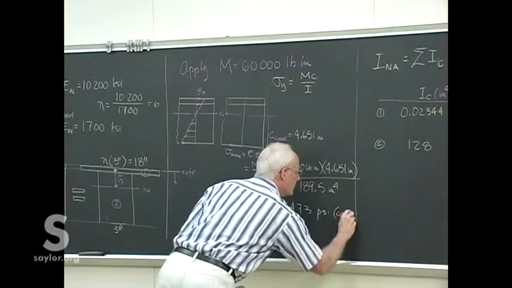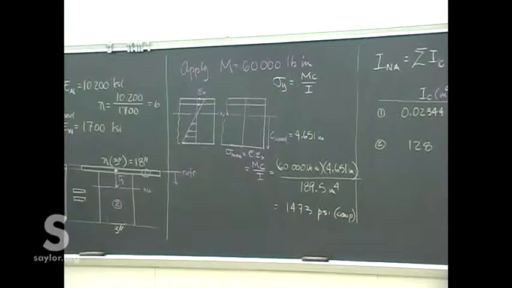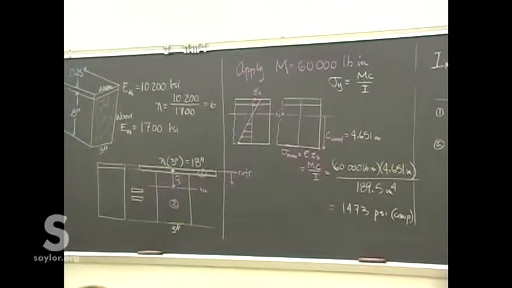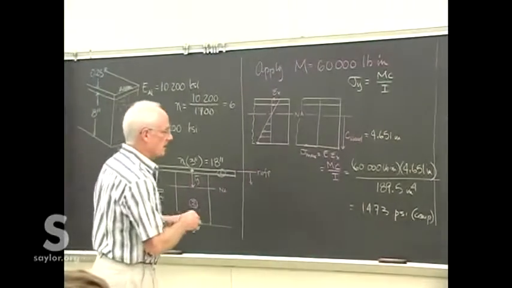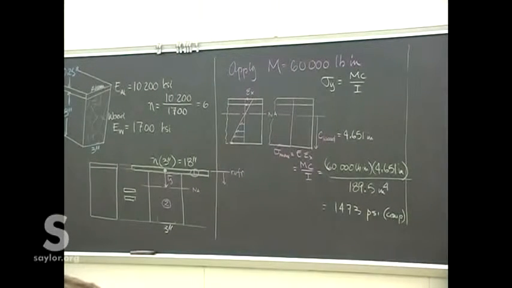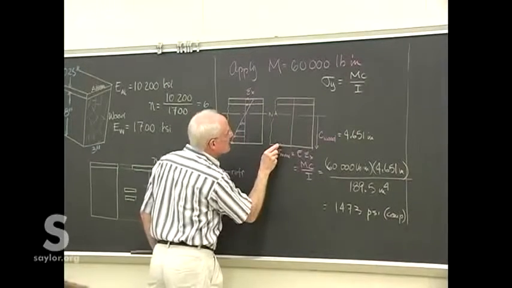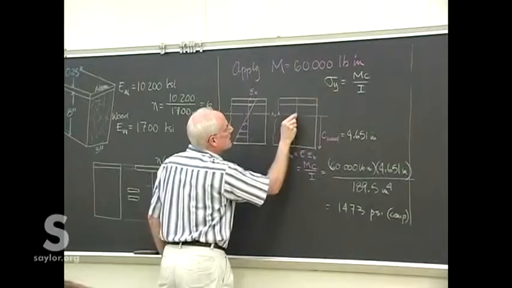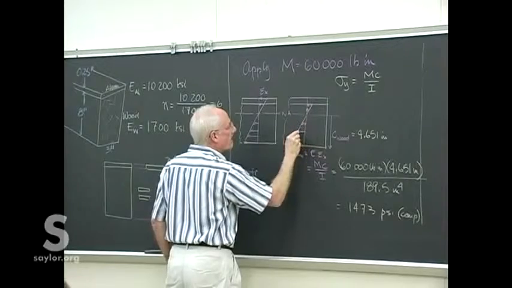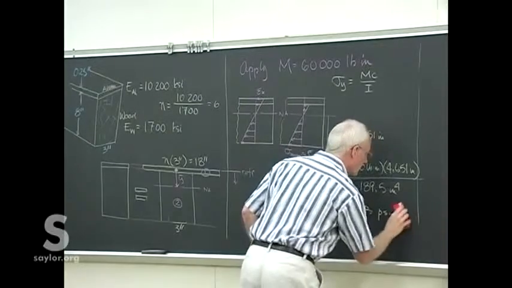And that we know from the problem is compression. I guess I didn't put any direction on the moment, so evidently it's being bent the opposite way as usual. All right, so that now gives us the distribution of the stress in the wood.